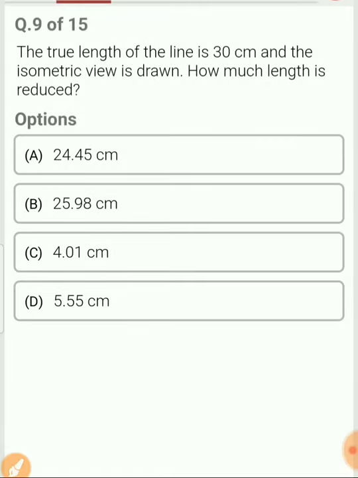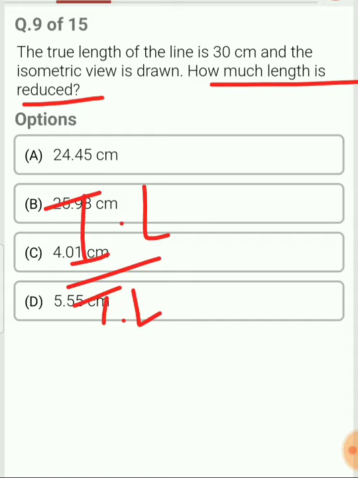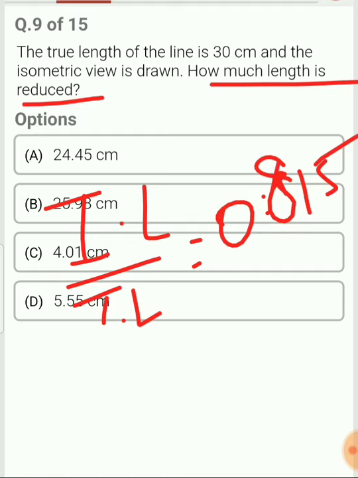The true length of the line is 30 centimeter and the isometric view is drawn. Then how much the length is reduced? We need to say how much the length is reduced. Fine. So we have a ratio of isometric length by true length, and that is equal to 0.815. Now in this case, true length is equal to 30 centimeter.